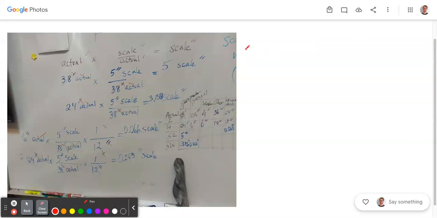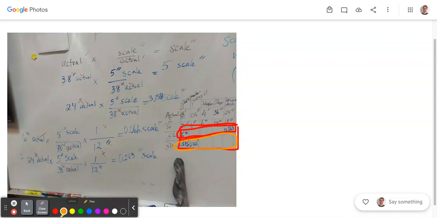I know it's kind of late, but I wanted to prepare a quick tutorial on how to find your scale lengths and scale widths. On your paper, a lot of you are missing this portion right here. The bottom two rows on page 207, in which you're going to put your scale lengths, that's this part right here, and your scale widths, this part, very last row.